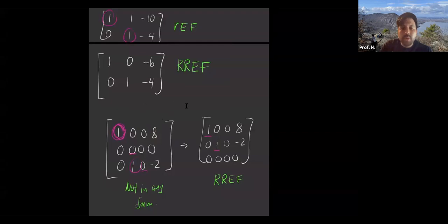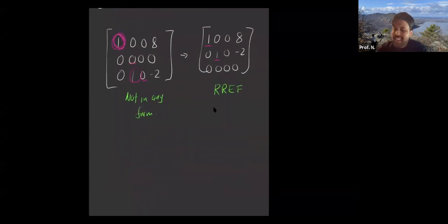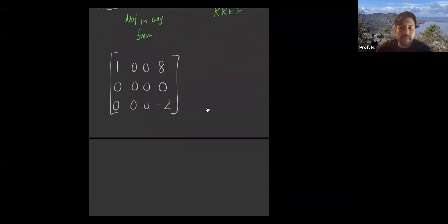What if the bottom row doesn't have a... okay, see, now you guys are coming up with some good stuff. Okay, so if you have 1 0 0 8, we got 0 0 0 0, and we got 0 0 0 -2. So now you're giving me a brand new spanking matrix. What would you guys say this is?